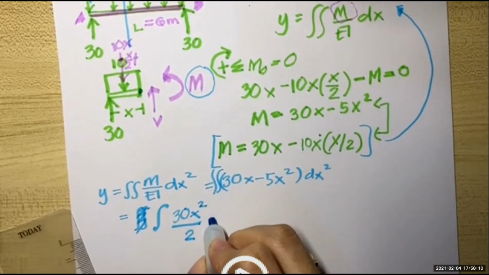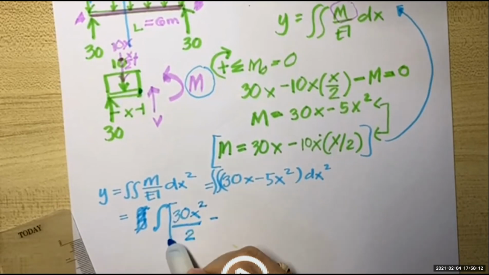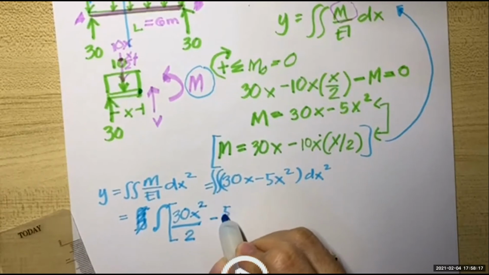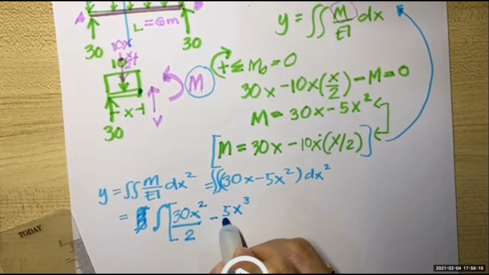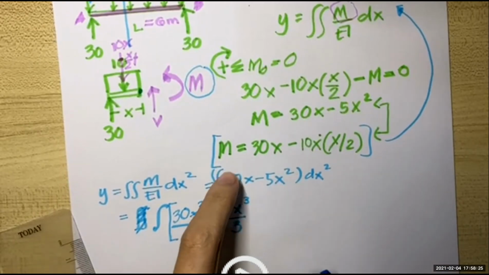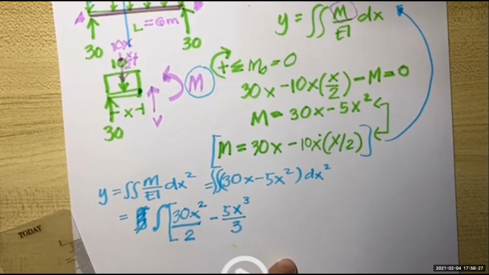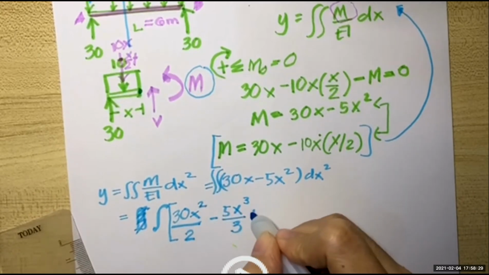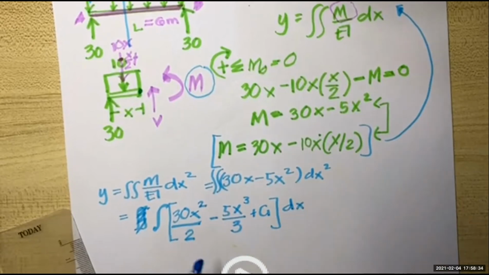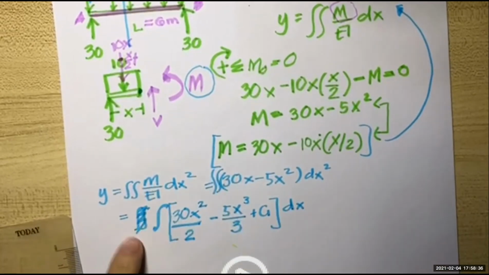Next, minus 5x squared. So, 2 plus 1 is 3. So, minus 5x cubed all over 3. Then, please remember, no, kapag ganitong wala tayong limit, we have your integrating constant na C1. And then, dx.